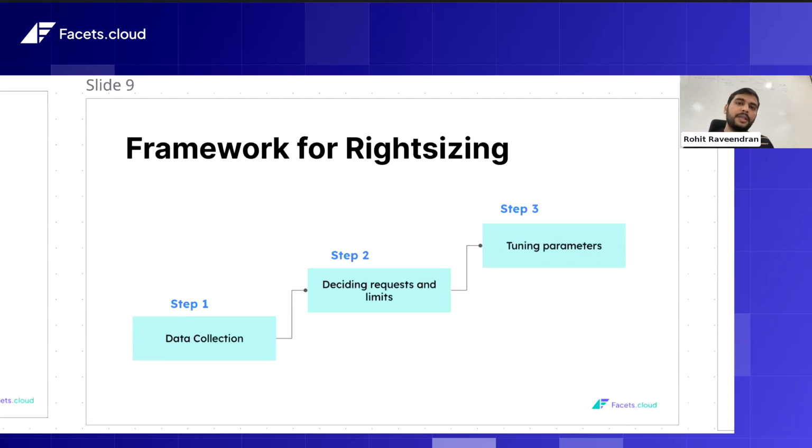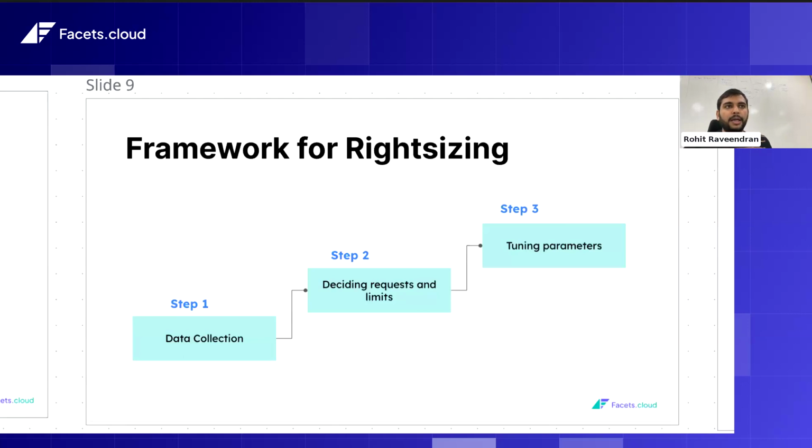It's not a magic one that you can just use. You always have to keep improving the framework, and it can be improved using some tuning parameters. These tuning parameters will change from application to application and also environment to environment, right? So in your non-prods you would have a certain set of tuning parameters, while in your production you wouldn't have the same set of parameters that you use for right sizing.